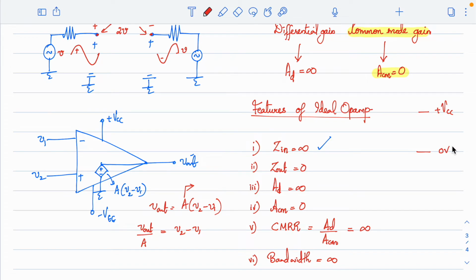We call it dual power supply, which has plus VCC and minus VEE. The difference there is, for example, if your supply voltage is 12, you will have plus 12 as the maximum on the positive side, and minus 12 as the other side, and your signal will always be swinging around 0. Whether it is your input or output, it will be swinging around 0, and it can go up to minus 12. So the range is from plus 12 to minus 12.